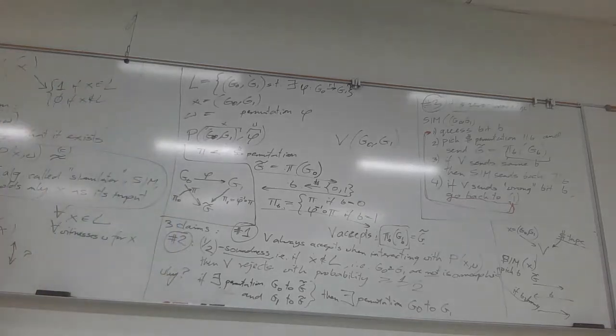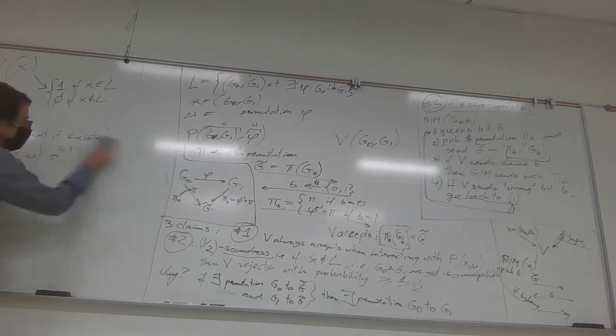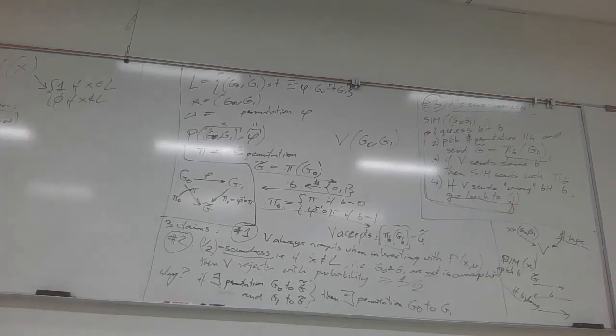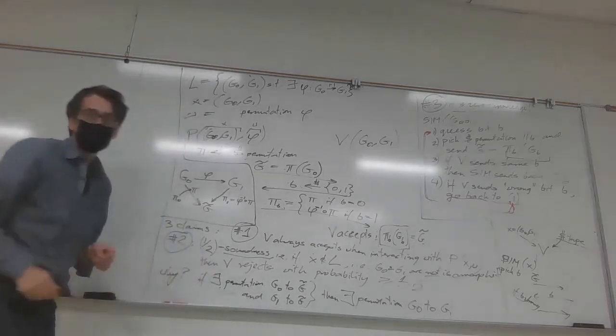Let me show you a different example of a zero knowledge proof. It's not graph isomorphism, but about a problem that you have seen, related to Diffie-Hellman key exchange.